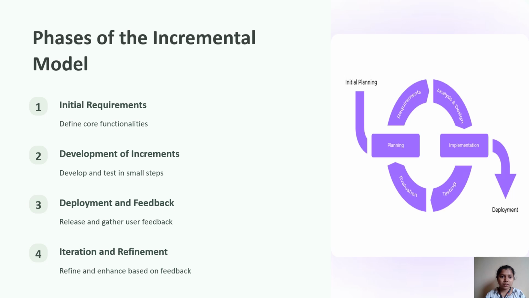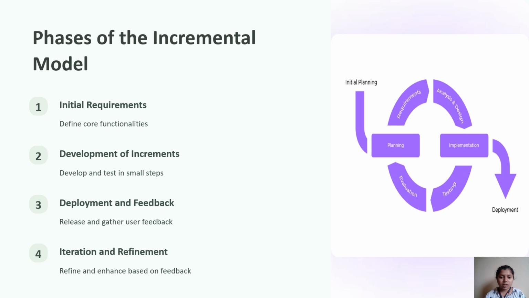The first phase is initial requirements. It defines the core functionalities, like what data collection is needed for the software development. The next phase is the development of increments, that is, develop and test in small steps. The third phase is deployment and feedback.